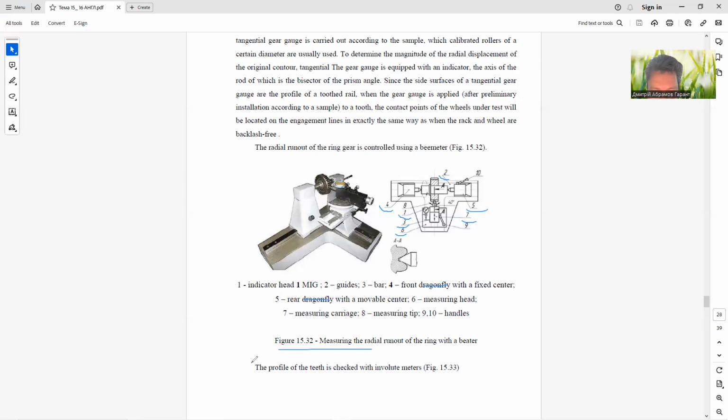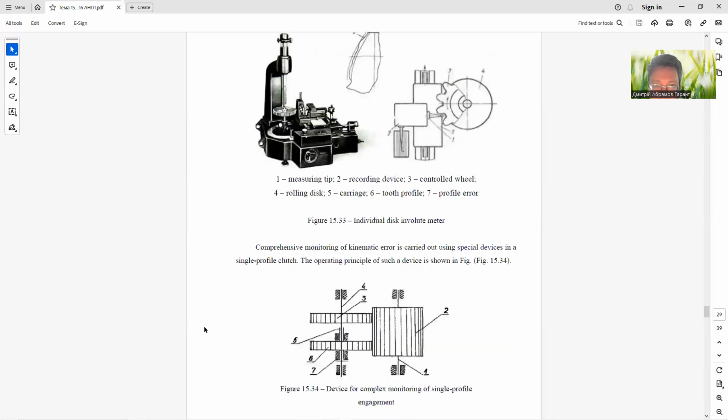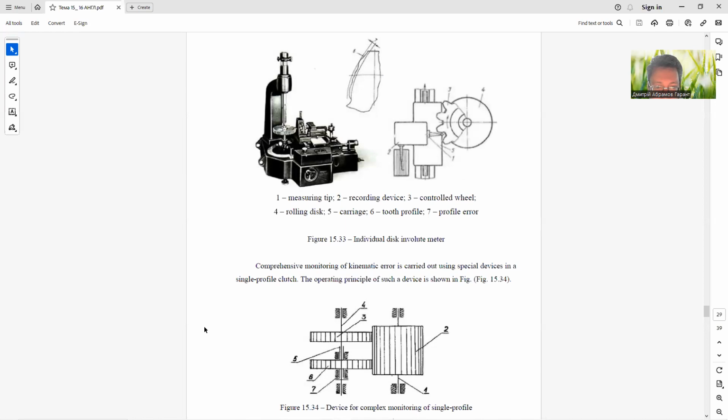The profile of the teeth is checked with involute meters. Figure 15.33, individual disk involute meter.